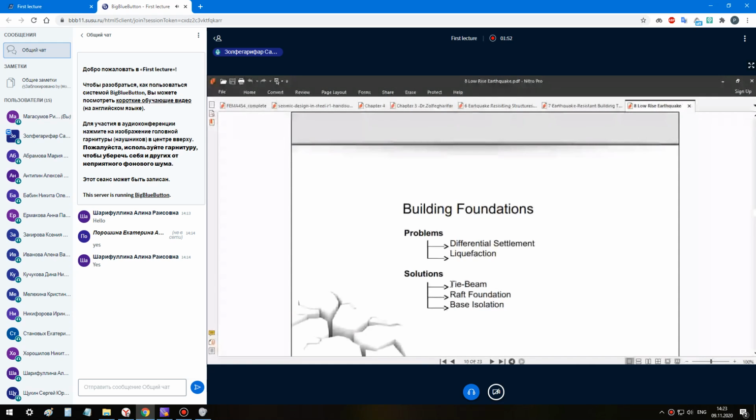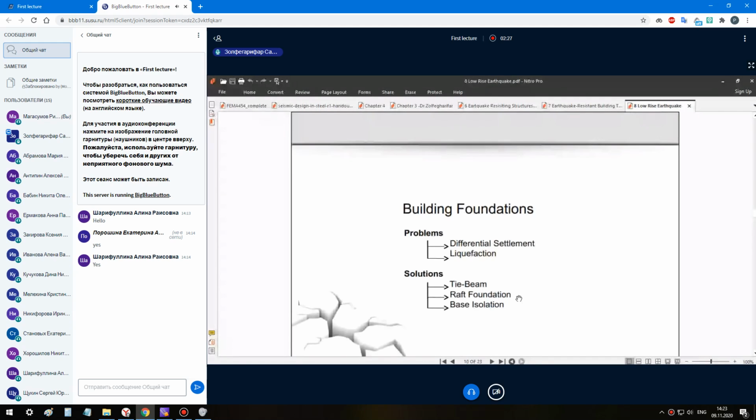First, differential settlement in building foundations. Second, liquefaction may occur in the building foundations, giving less strength and maybe causing collapse in the foundations and the structure of the buildings, and giving destruction.